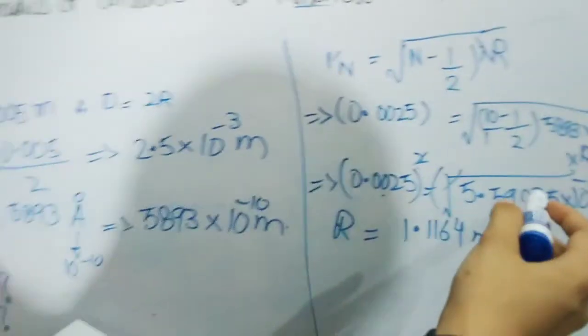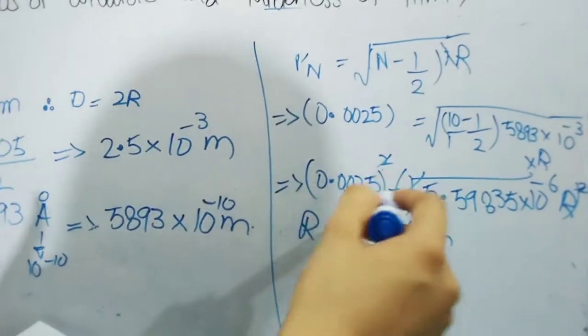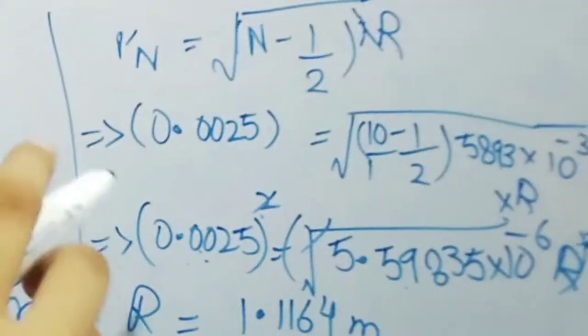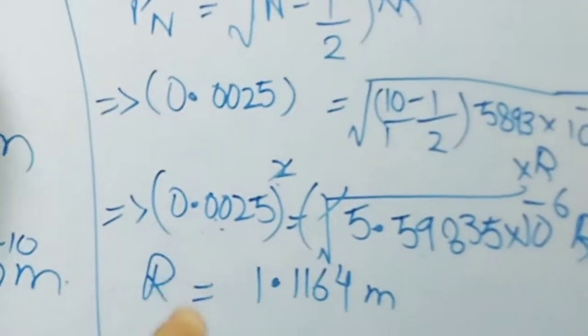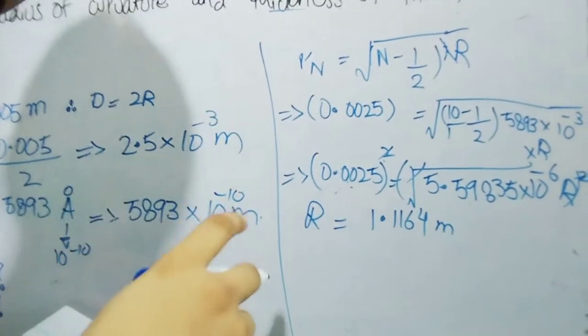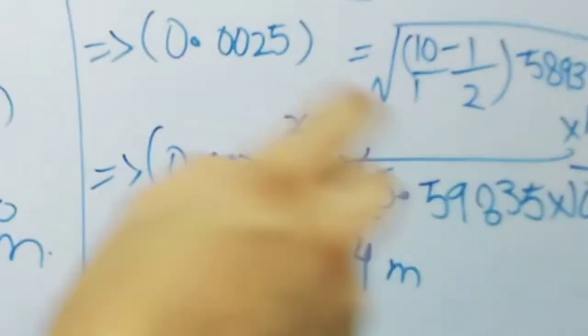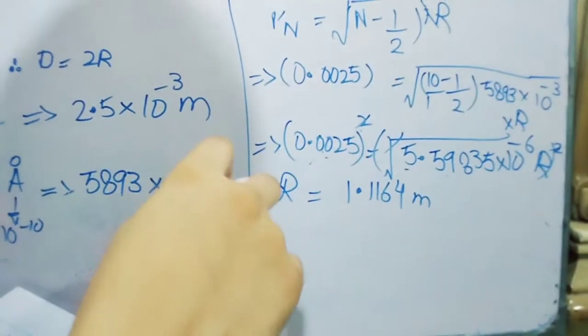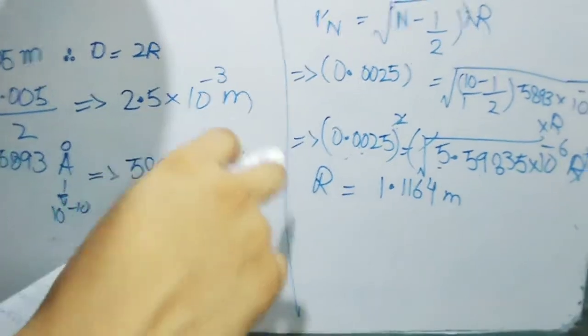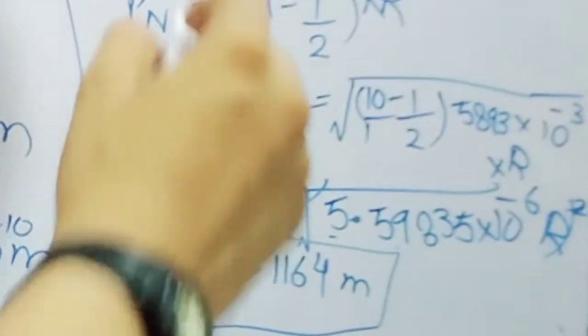First of all you take the square of this value, and then divide it by this value. 6.25 into 10 raised to the power negative 6 is the square, so we divide 6.25 into 10 raised to the power negative 6 by 5.59835 into 10 raised to the power negative 6. The 10 raised to the power negative 6 terms cancel, and you are left with 6.25 divided by 5.59835, which gives you 1.1164 meter.